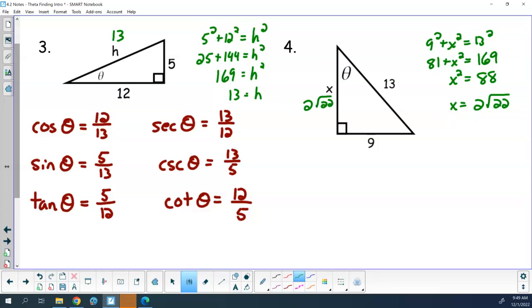We get 2 square roots of 22 for the missing side. Yes? Square root of 88 is the square root of 4 times the square root of 22. 2 square roots of 22. Okay? So cosine of theta then is going to be 2 square roots of 22 over 13.